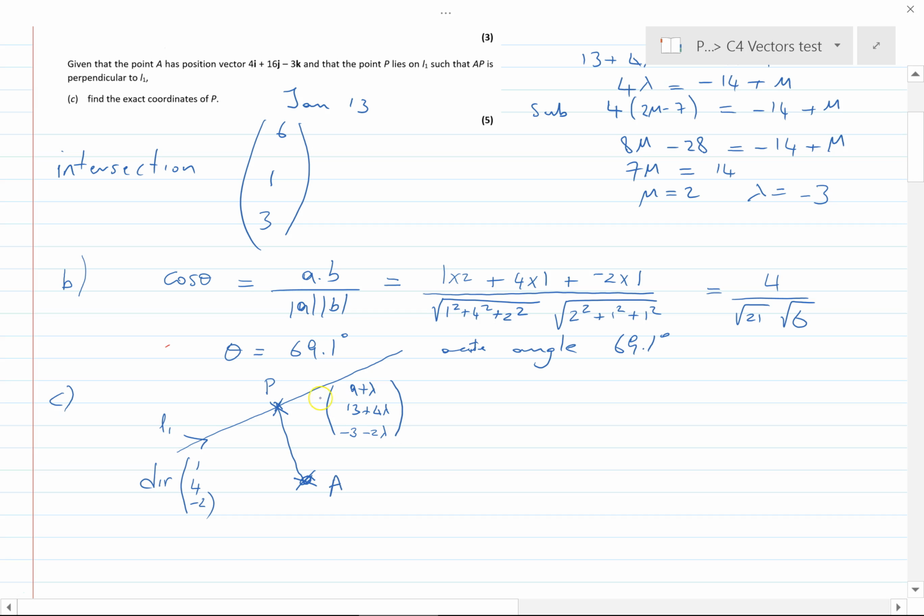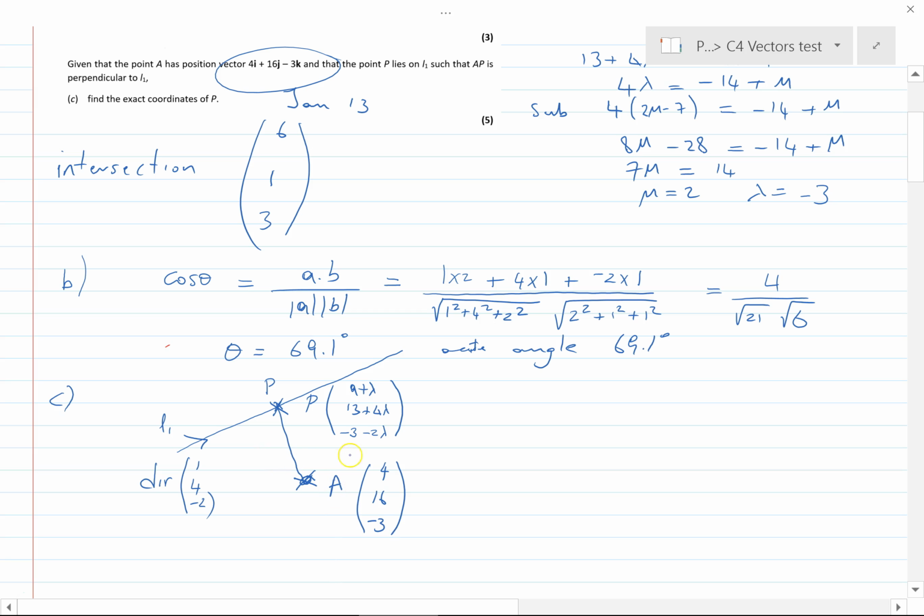So that's the point P. Now the point A we're given here, that's 4, 16, minus 3.